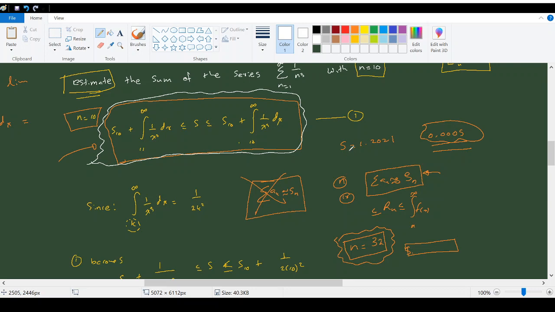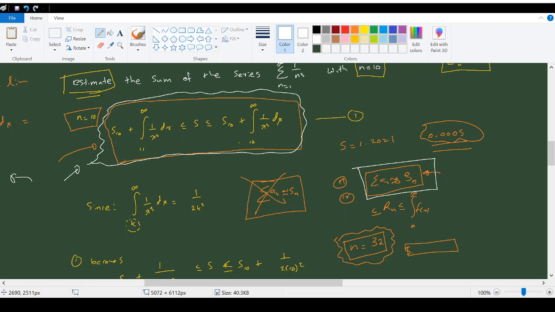Okay, so you must clearly understand the difference between this one and the previous steps, I mean the previous inequality. Here we do a direct estimation, and in the previous case we approximate the series through partial sums.